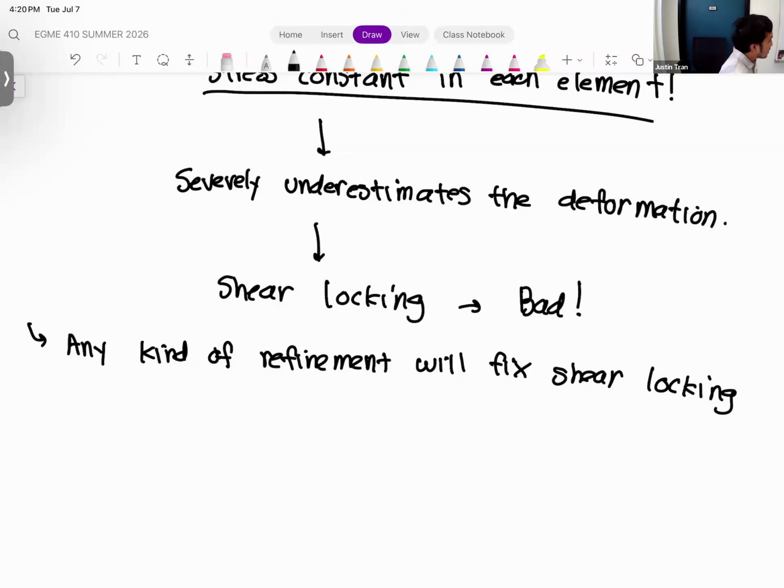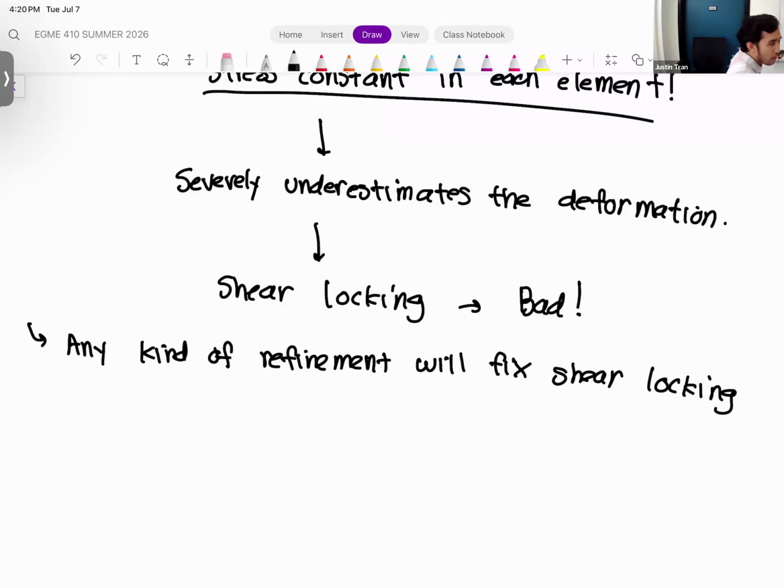So shear locking is a very interesting phenomenon. It is kind of a thing of the past, because a lot of modern software will account for this. I think ANSYS gives a warning message: if it detects that the deformations are too little, it'll warn you and tell you to refine your mesh.